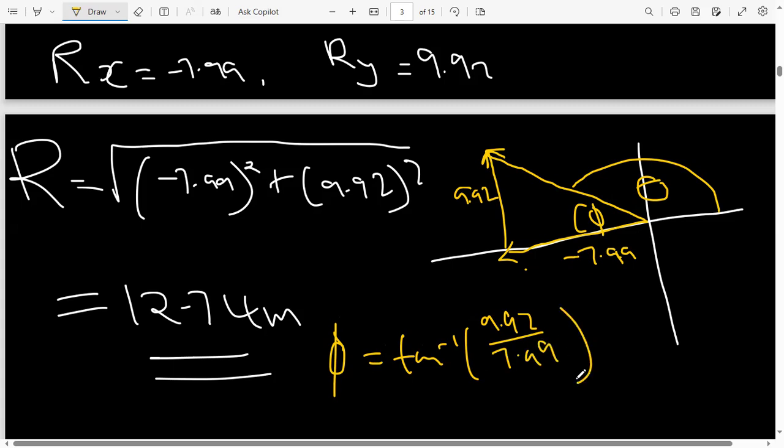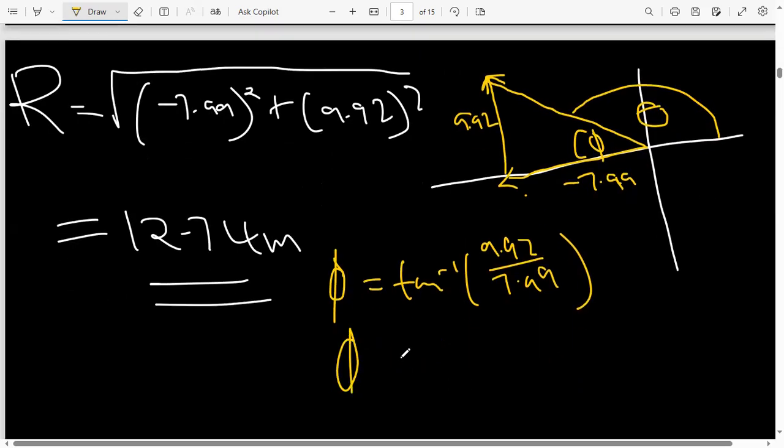When we punch this onto the calculator, we have shift tan, then 9.92 divided by 7.99. I'm getting 51.15, so this angle is 51.15 degrees. But remember, our interested angle is this one here.